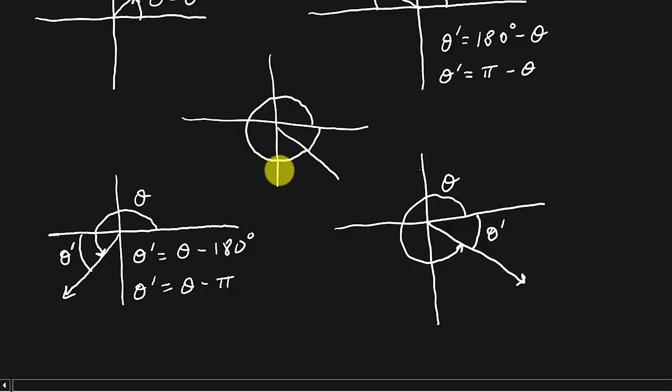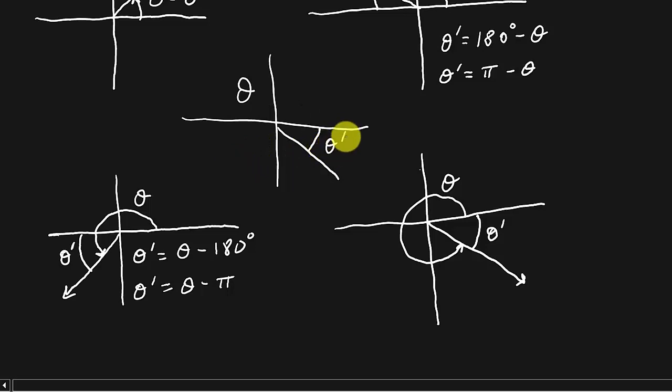So once again, let's draw that again and see how this works out. So look at this. If we go all the way around, that's 360 degrees. And then all the way around to here is theta. But if I subtract that off, that leaves me with my reference angle.